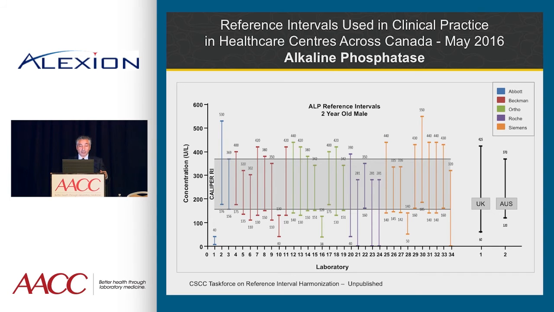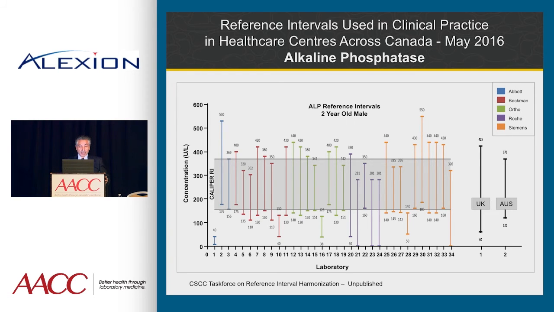This is, by the way, an example of a 2-year-old male who would go to any of these labs or hospitals for testing. You would get very different interpretation across the country. This is across Canada, from east to west coast, about 34 labs.